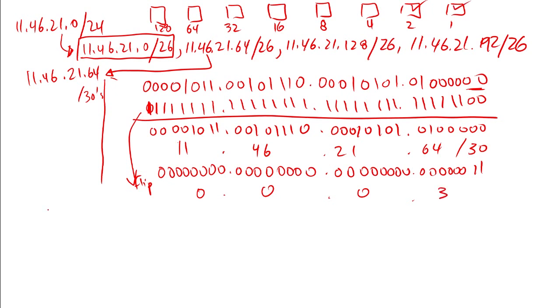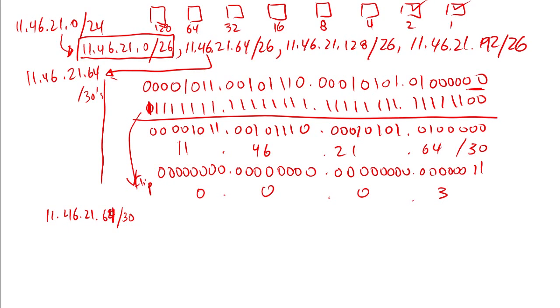So now I have 11.46.21.64 plus 3, which is 67. So that becomes my end network.